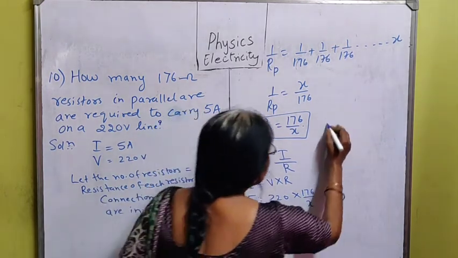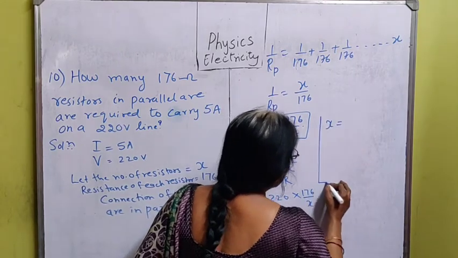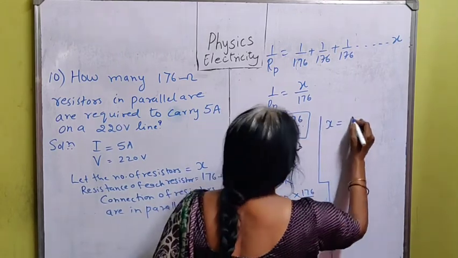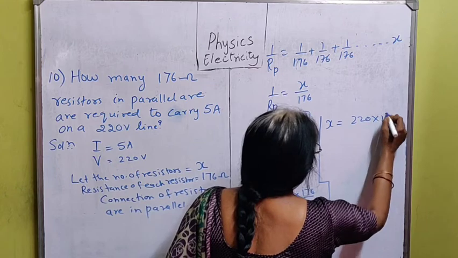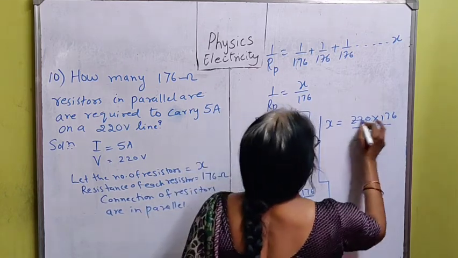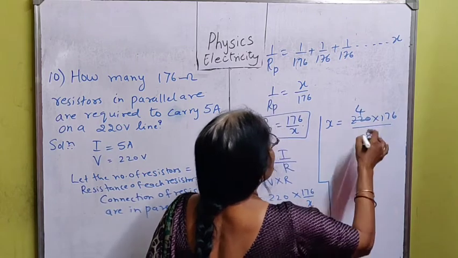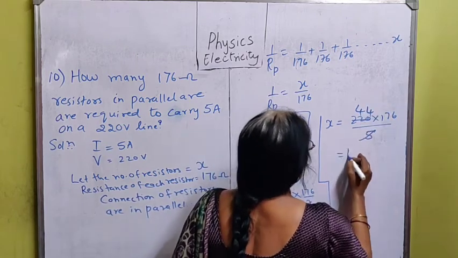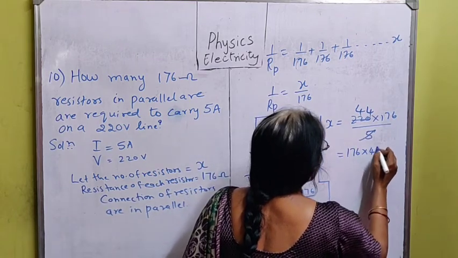So x is equal to, what do we get for the x value now? 220 into 176 by 5. So 5 fours are 20, so 44 times 176.